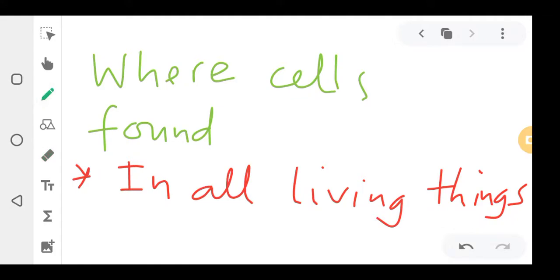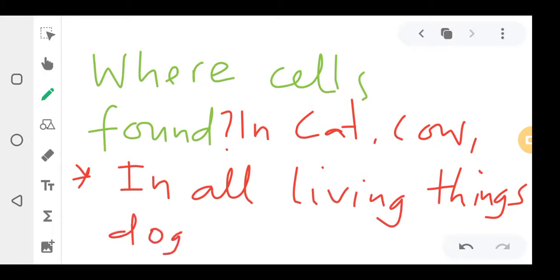Where are cells found? That's a question. Now I'm giving you the answer. They're found in all living organisms. What do I mean when I say all living organisms? I mean anything alive, such as a cat, a cow, a dog, a pig, a person, a human being, a tree.